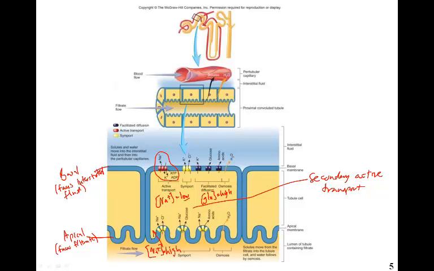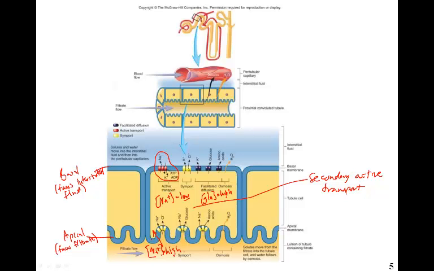So solutes basically move through and get reabsorbed by secondary active transport. Water, on the other hand, does not have to be actively moved through the cell. Water, it turns out, can pass right through these cell membranes and go from the filtrate to the cell to the interstitial fluid.